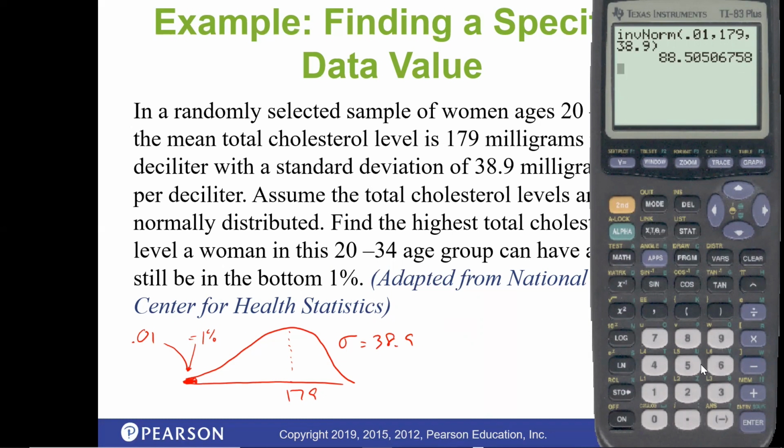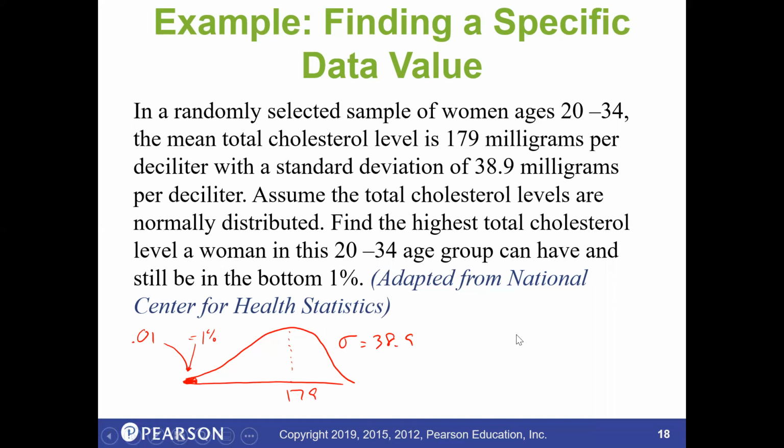And it seems like they go by integer values. So 179 is an integer value, 180 is an integer value, 181 is an integer value. So if 88.5 is kind of the cutoff, what does the lady have to have in order to still be in the bottom 1%? Yeah, we're going to go lower, huh? We don't round up. We actually have to go lower.